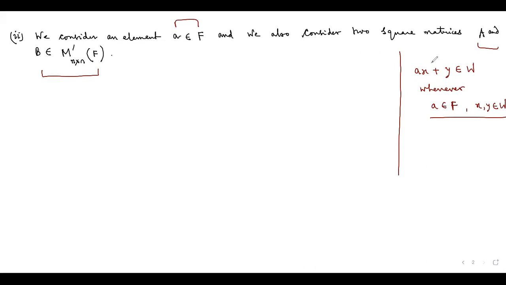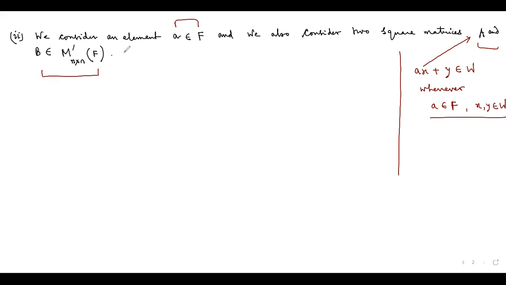This X, in my case, is actually the capital A and the Y is capital B. And my W is this particular set where the trace is 0. Now capital A and capital B are square matrices, and they belong to this particular set, and therefore their trace is 0.